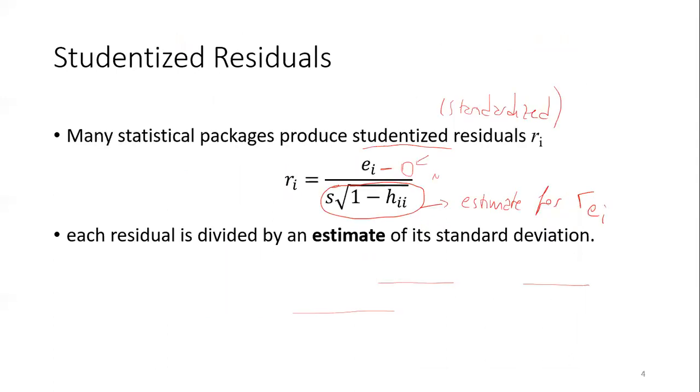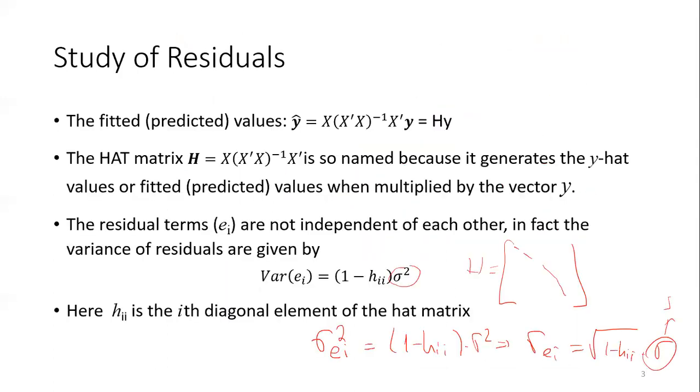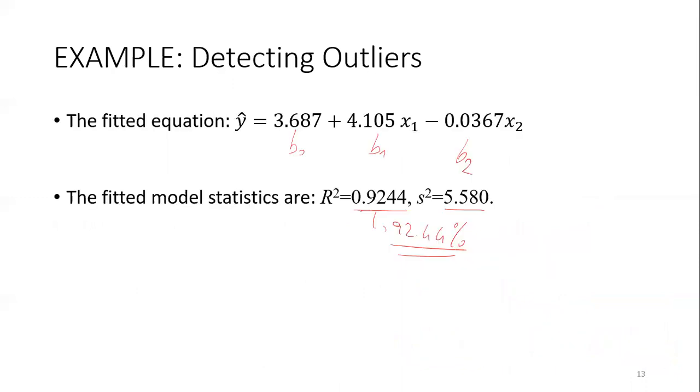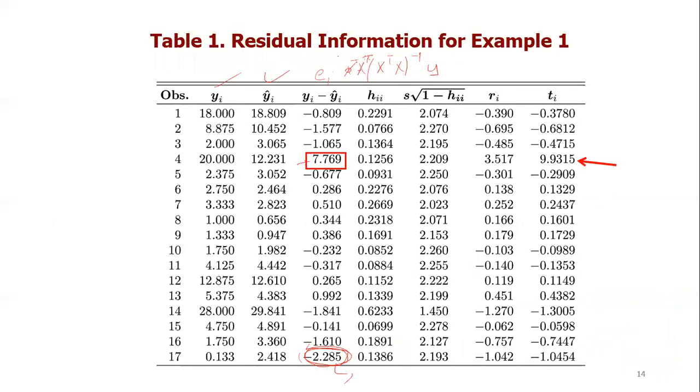What was the hat matrix? Let's remember that. The hat matrix was X times X transpose X inverse times X transpose, right? X transpose X inverse, X here, and X transpose here. Let me clear this and take the eraser from here.